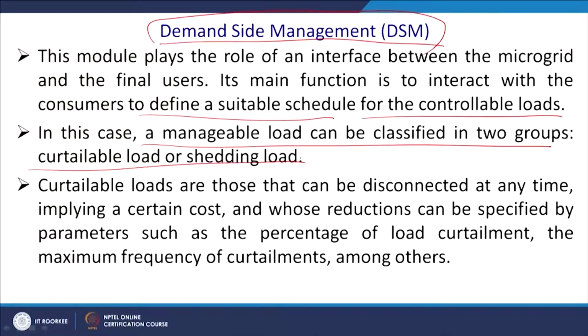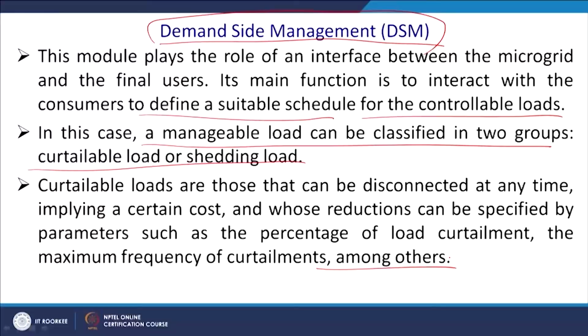Whenever you have an energy surplus due to high production of solar and wind, then you negotiate those loads. Curtailable loads are those that can be disconnected at any time, implying a certain cost, and whose reduction can be specified by parameters such as percentage of load curtailment and the maximum frequency of curtailment, among others. For example, corridor lights.